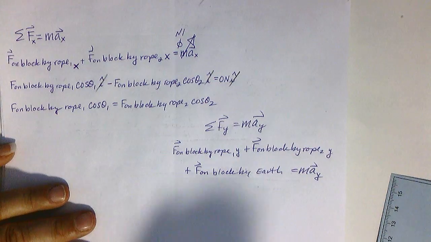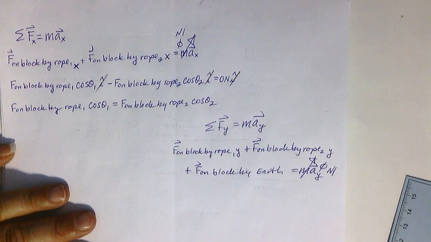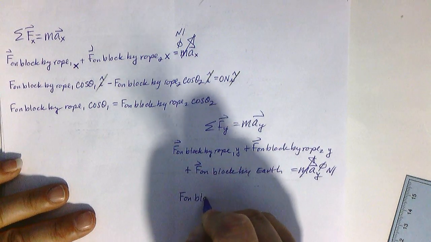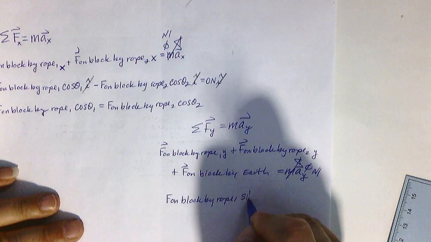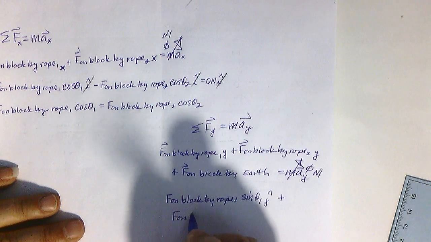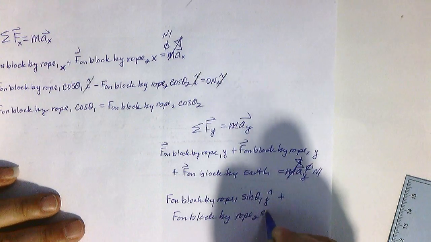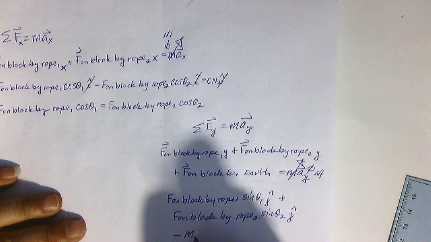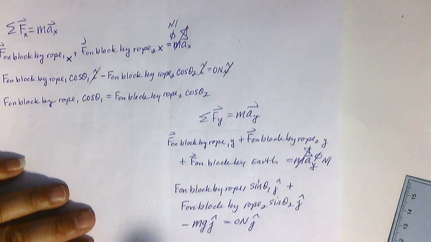Am I accelerating in the y direction? No, Newton's first law. So now we substitute in magnitude and direction. I have force on block by rope 1 sine theta 1 j hat plus force on block by rope 2 sine theta 2 j hat minus mg j hat equals 0 newtons j hat.